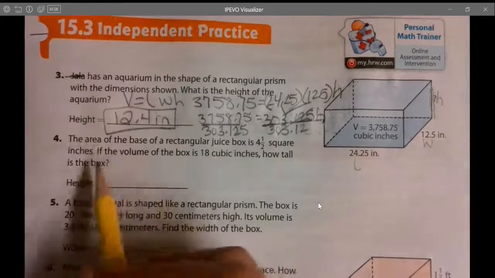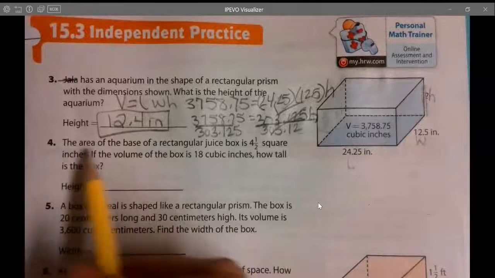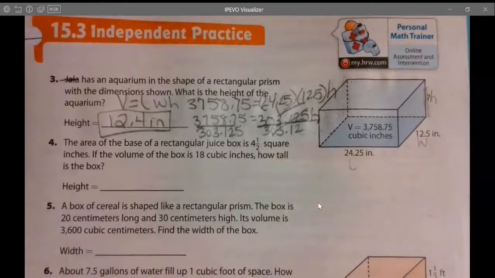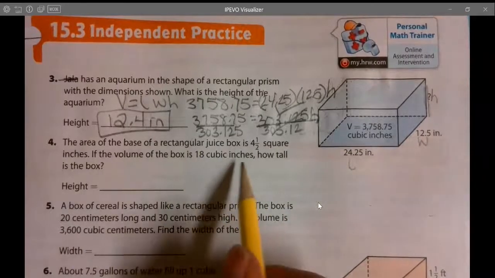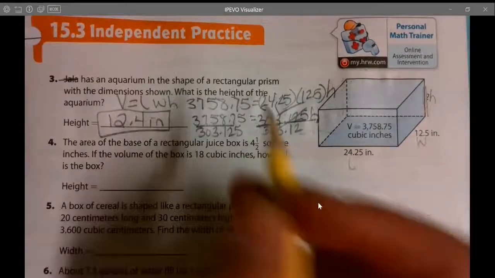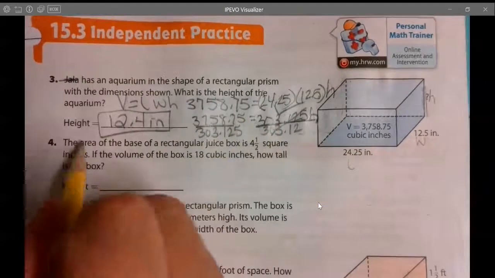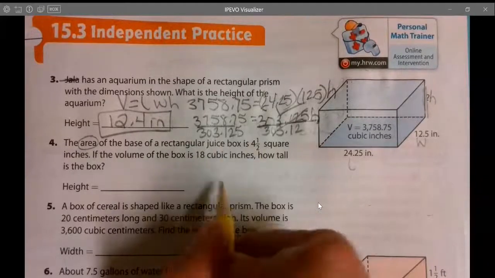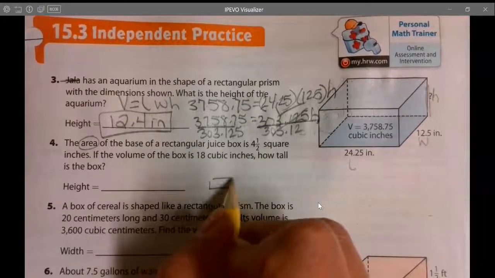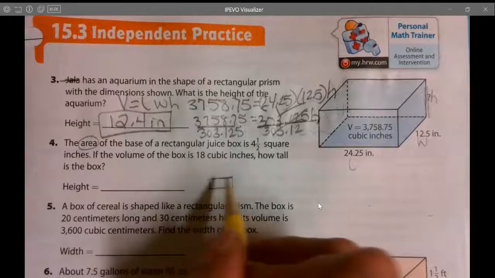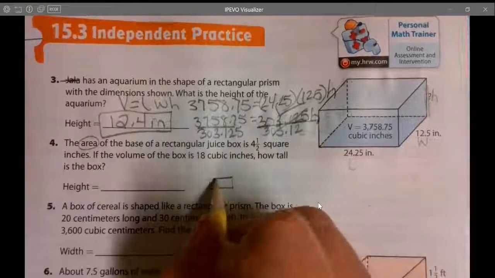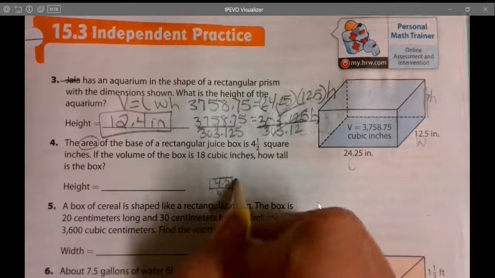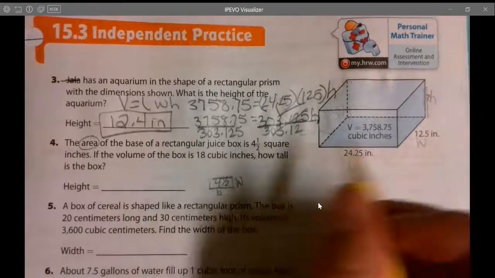All right, let's look at the area of the base of the rectangle juice box is 4.5 squared inches. If the volume of the box is 18 cubic inches, how tall is the box? Well, it tells you that the area of the juice box, and I am not going to attempt to draw this juice box, but if the base, remember the base is just a square, so if it's telling you the area is 4.5, that means they've already multiplied your base and your width.